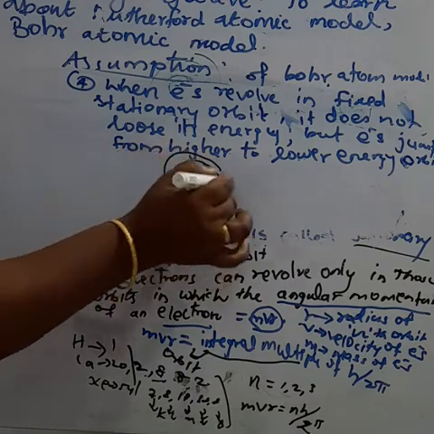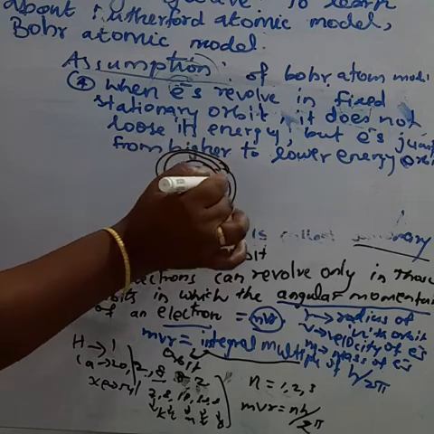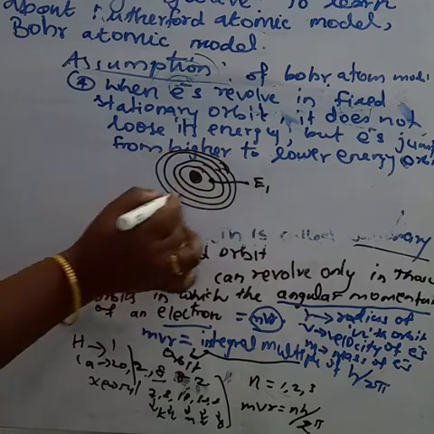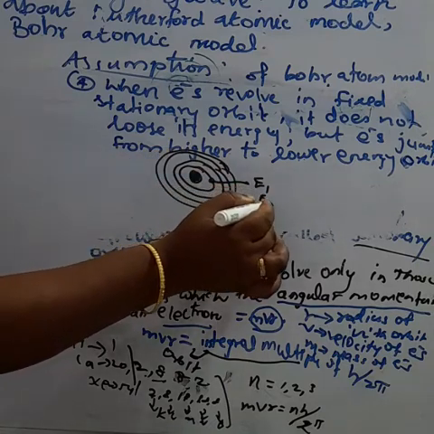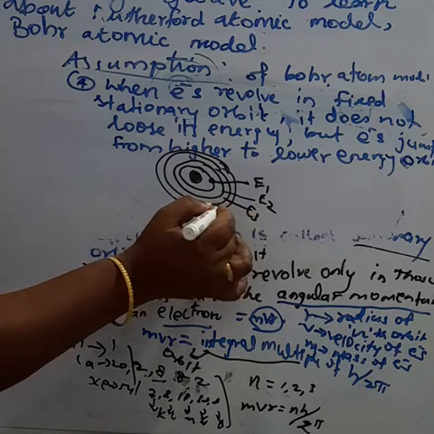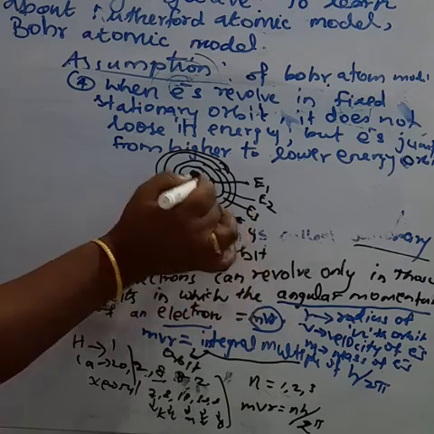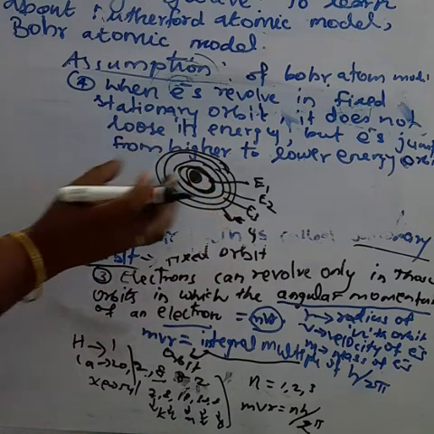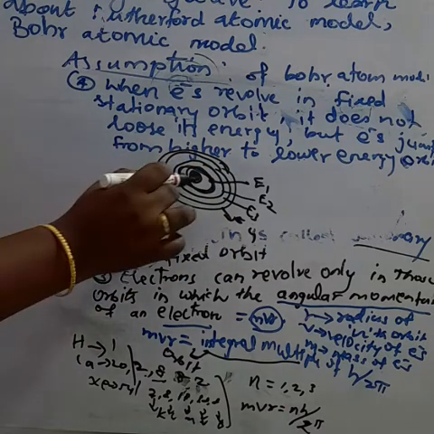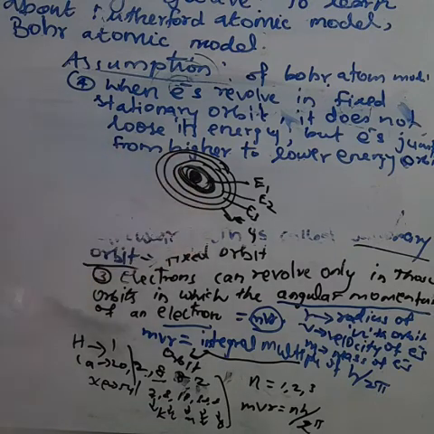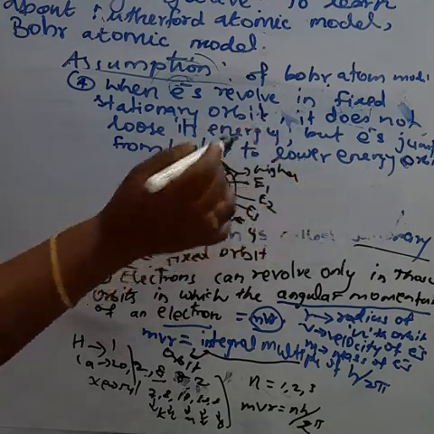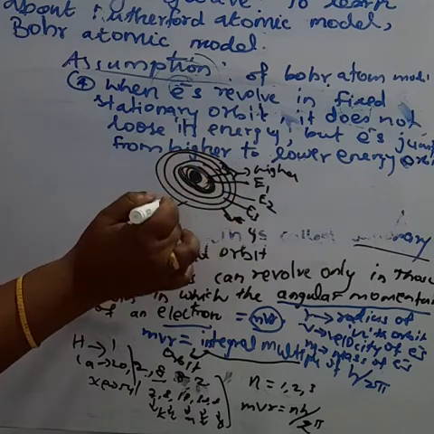This is the lower energy orbit, E1. This is E2, this is E3, this is the E4 orbit. When electrons revolve very close to the nucleus, that is called a lower energy orbit. When they are far away from the nucleus, that is a higher energy orbit.